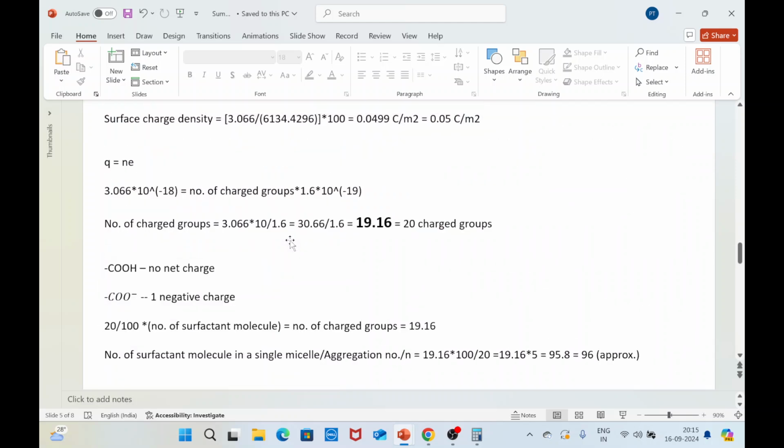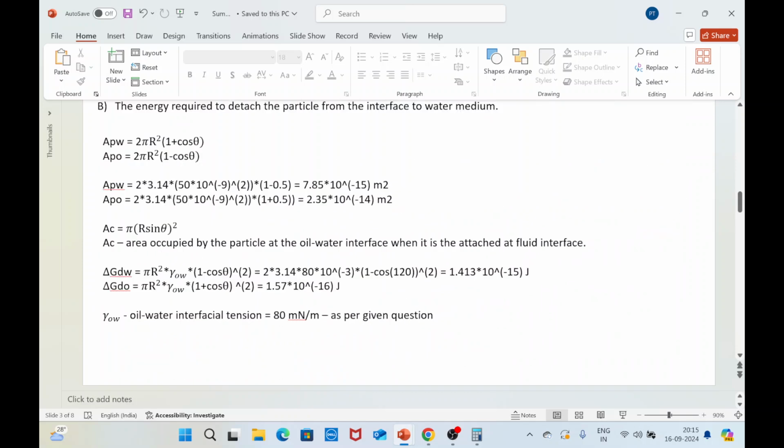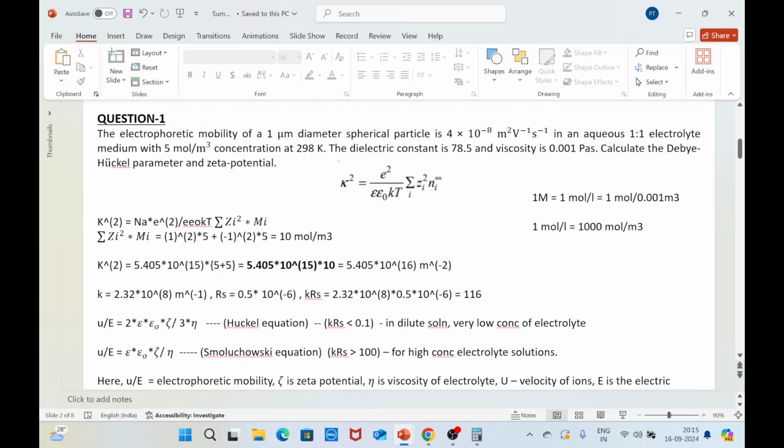Yes, for meter cube, you don't need to multiply that 1000. But for mole per meter cube, if you see in the assignment questions, all of them have it as molar, given as 0.01 molar, 0.001 molar.